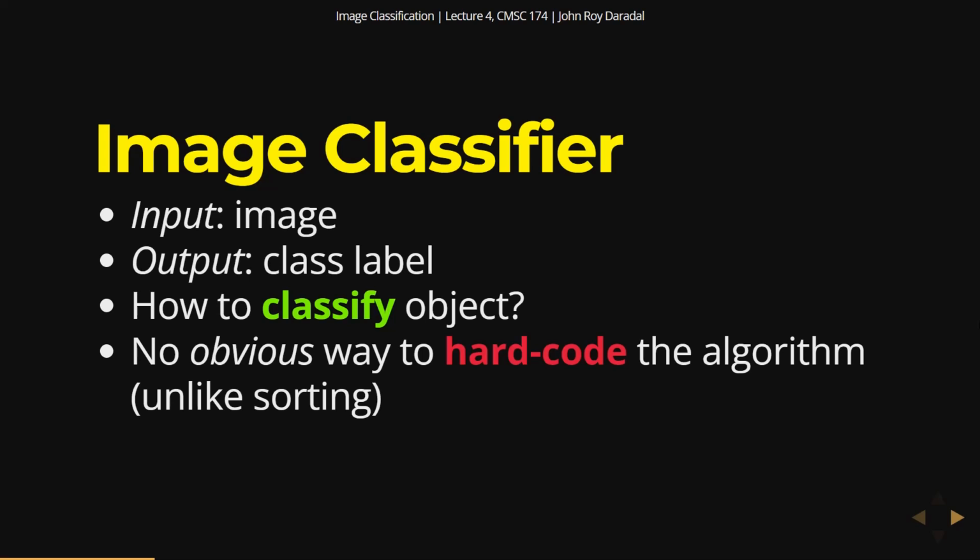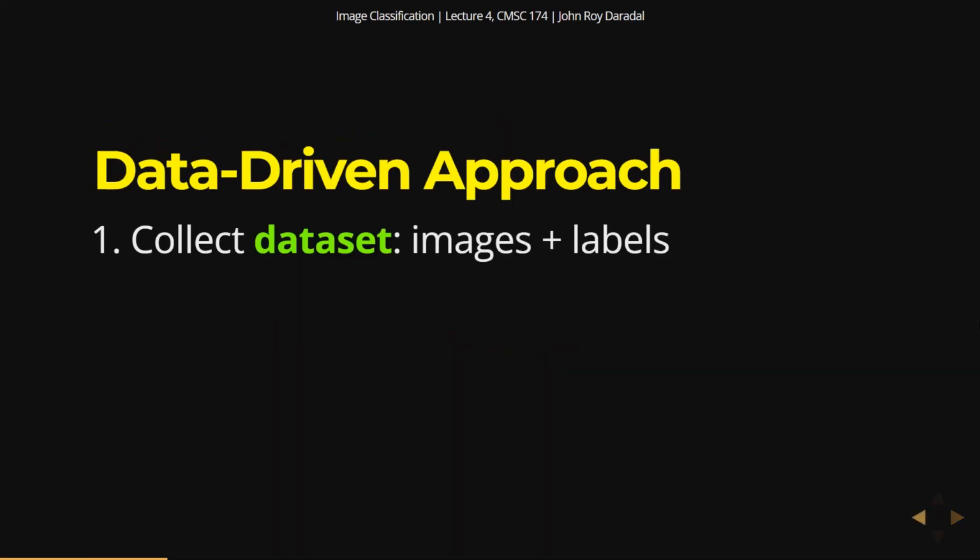A dog is fluffy or has fur, has 4 legs, has ears and eyes and nose, but then the same description could also fit the cat, right? A cat also has fur, has 4 legs, has nose, eyes, ears, and so on. So it's difficult to have a hard-coded, step-by-step algorithm to classify a certain object. So instead of doing that, we will take the data-driven approach.